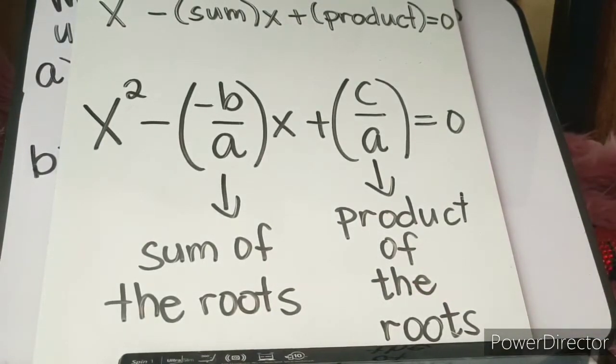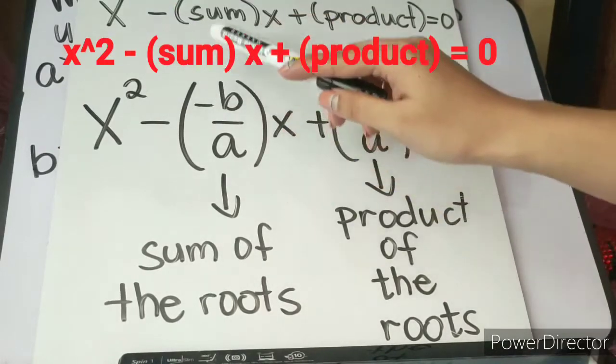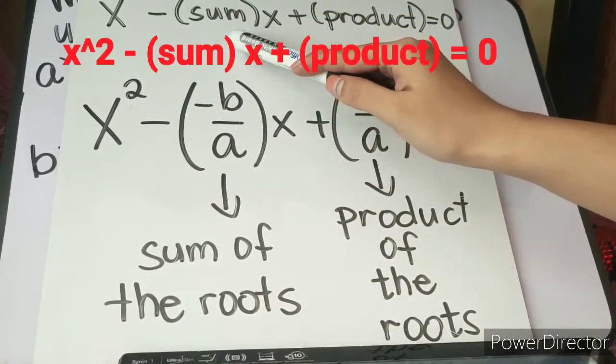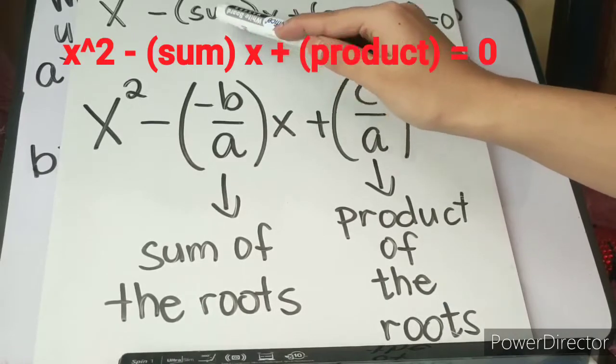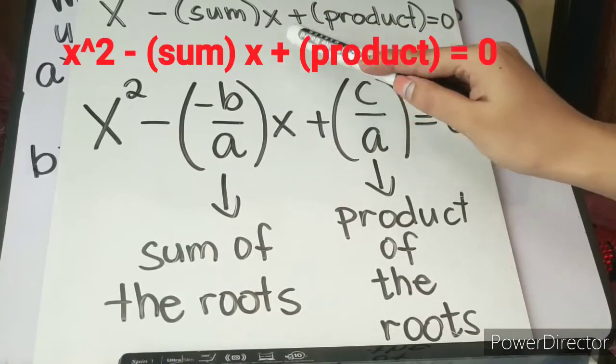And if that will be the case, kapag sum and product po yung given, we will just be substituting to this. So, laging x squared minus kung ano yung sum. Of course, yung sum na yun, ito times natin kay minus or negative. And then, multiply it with x.